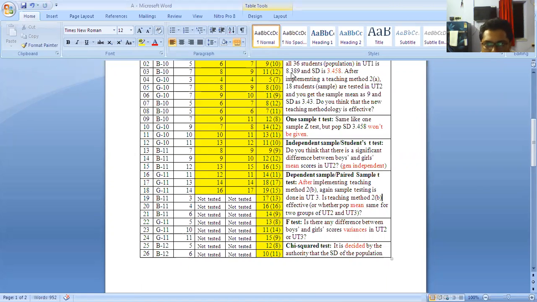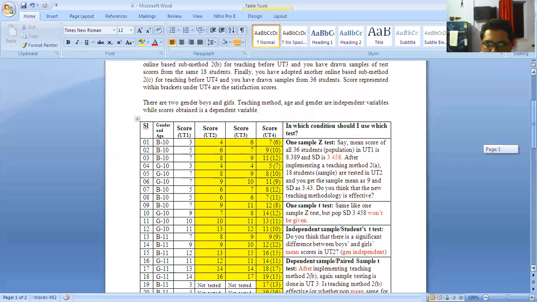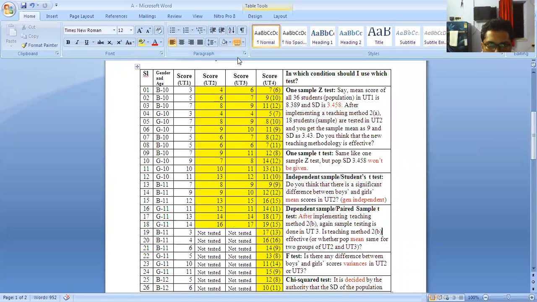So here, you have got this score in unit test 2. Now after implementing teaching method 2B, you are getting this kind of test scores from the same sample. That means one is before and another is after.